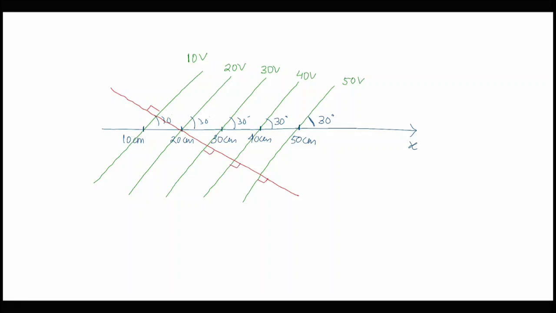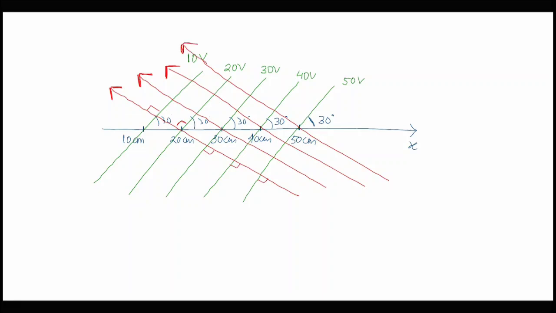So I can draw more electric field lines. These are the electric field lines we are talking about. Now the next thing is that they are in the direction of decreasing potential, and hence the direction of electric field is in this direction, that is 50 to 40, then 30, 20 and then 10.